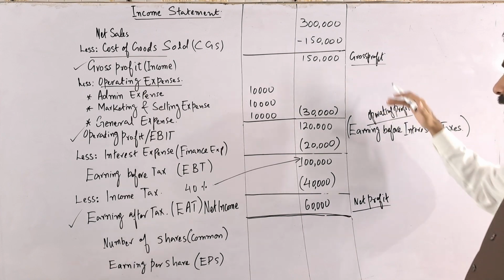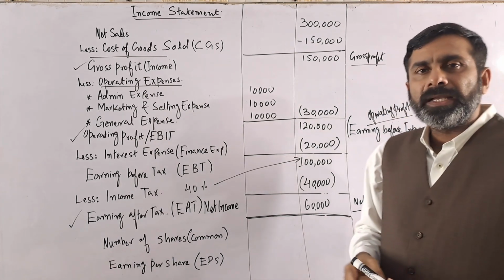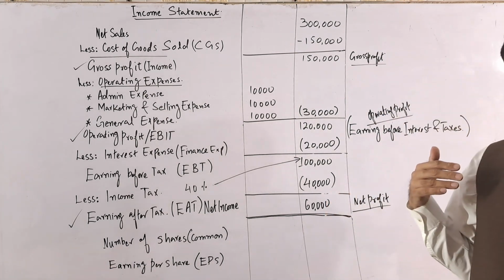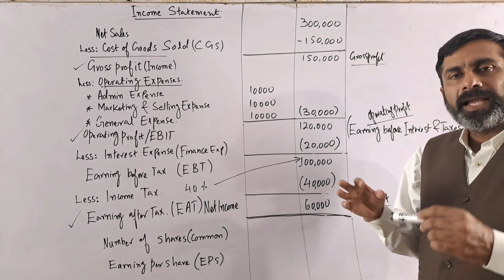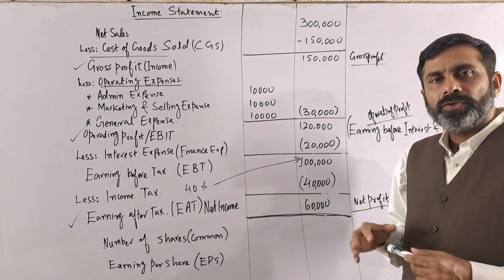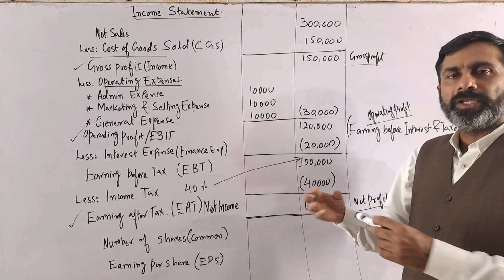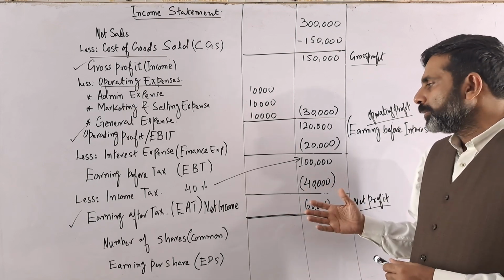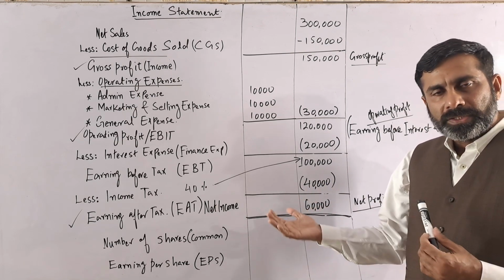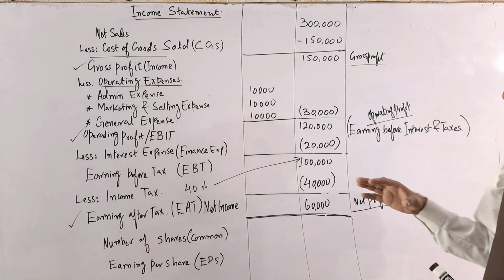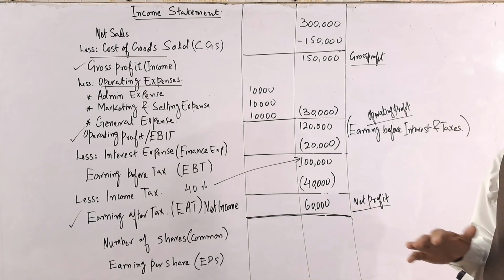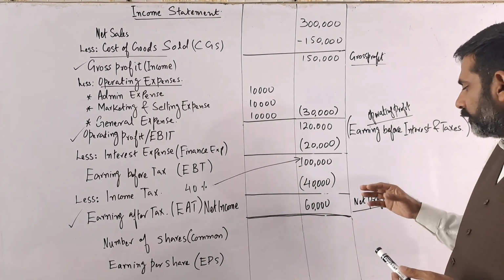Why are we calculating these different profitabilities? Because when we do the ratio analysis, we have so many ratios that are related to the gross profit, the net profit or the operating profit. So there we will use those ratios, and in the ratios we have to calculate the different types of profitability.